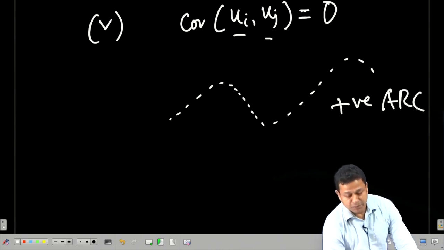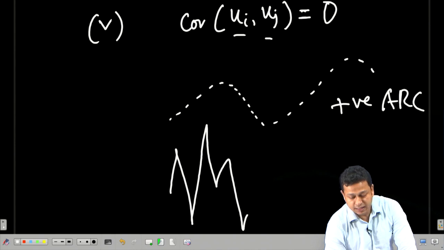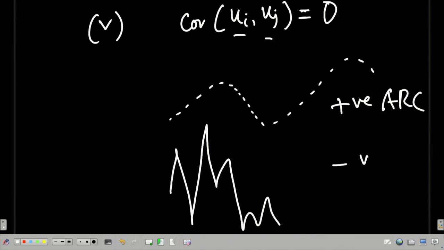Or it can show a zigzag pattern like this, which is a case of negative autocorrelation. We do not want these situations to exist. In all these cases, the covariance of ui and uj is not equal to 0, but you want to ensure it is equal to 0, because you do not want any pattern in your error term.